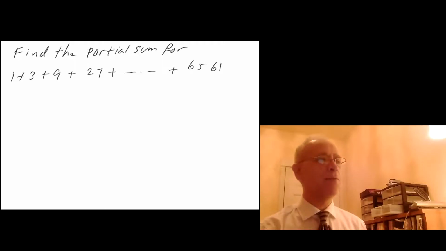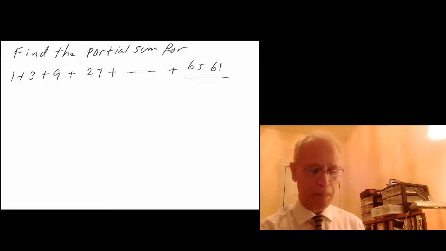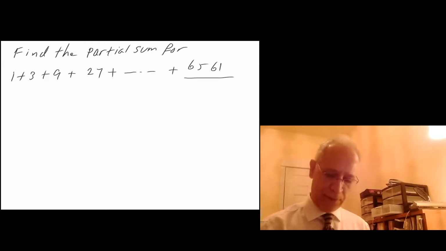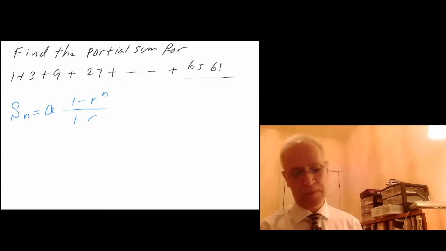So what would be the number if I added all these terms together all the way to 6,561? Well, the formula given to us is S sub n equals a times 1 minus r to the power of n over 1 minus r.